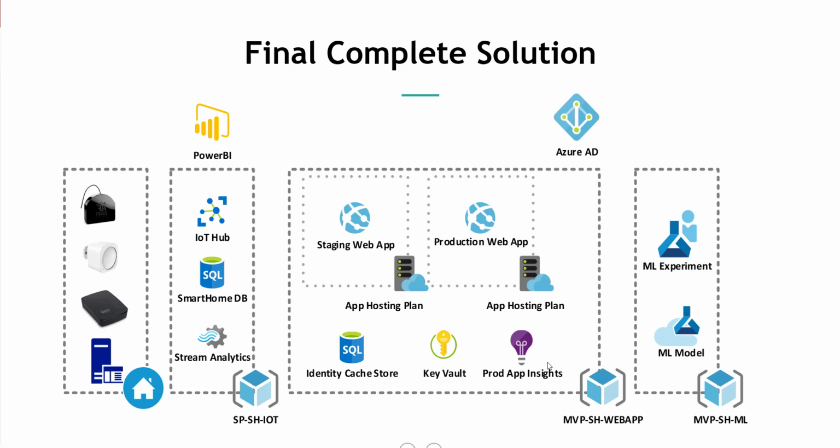We also have the machine learning model and the machine learning experiments, and that's all in a different resource group. So that's how you can combine several Azure services provided by the platform to develop a really interesting, creative solution.